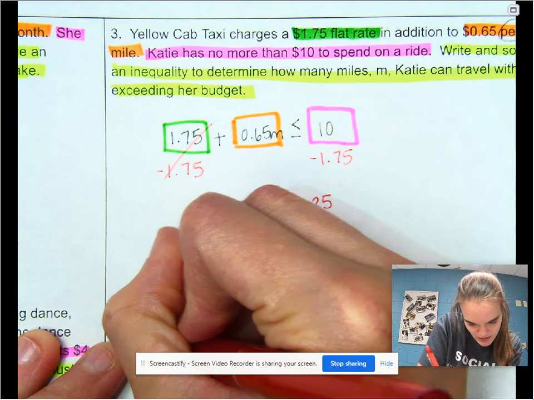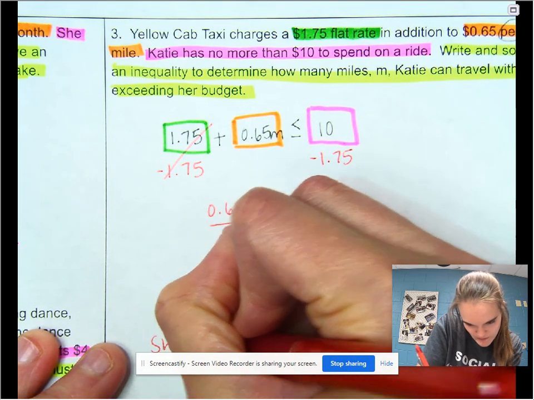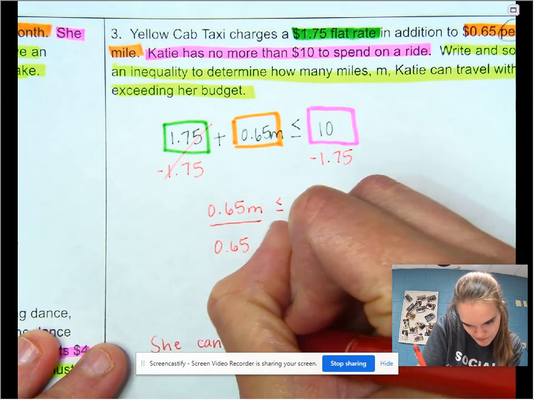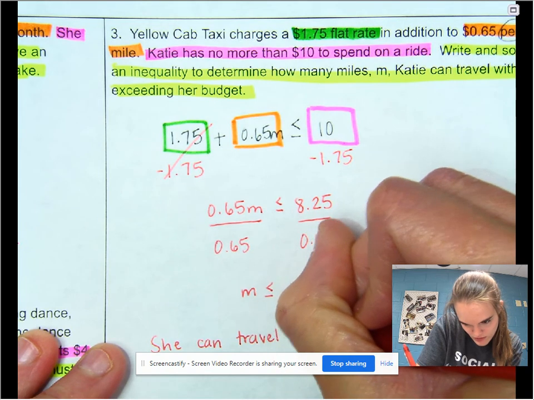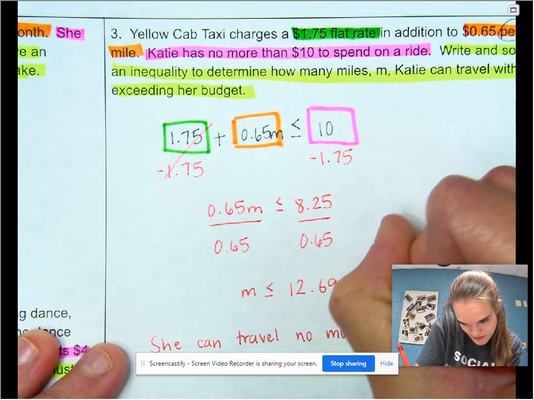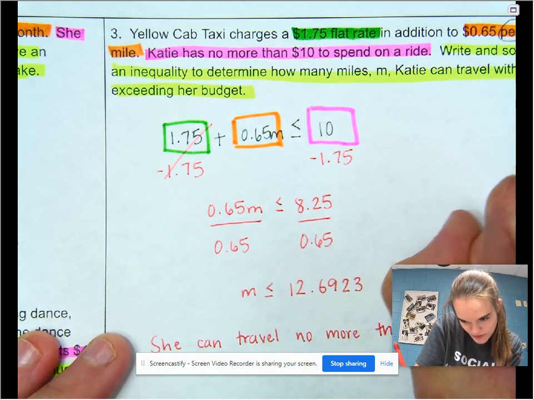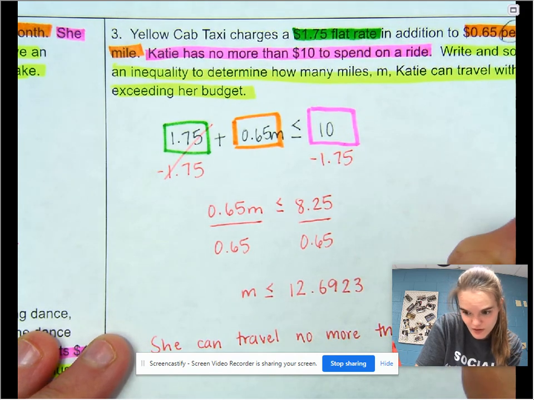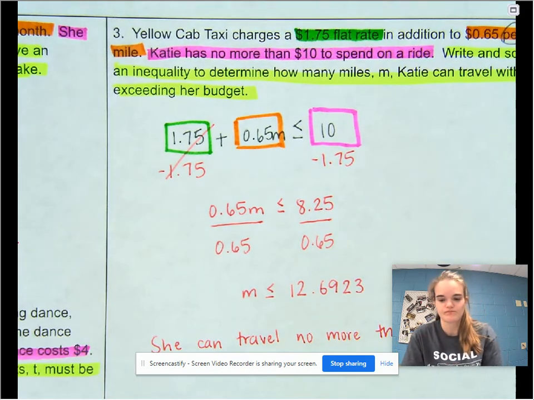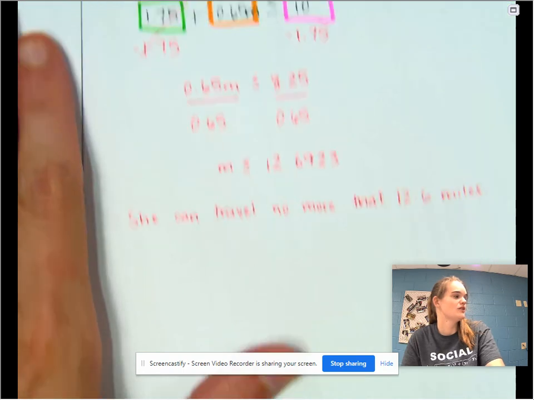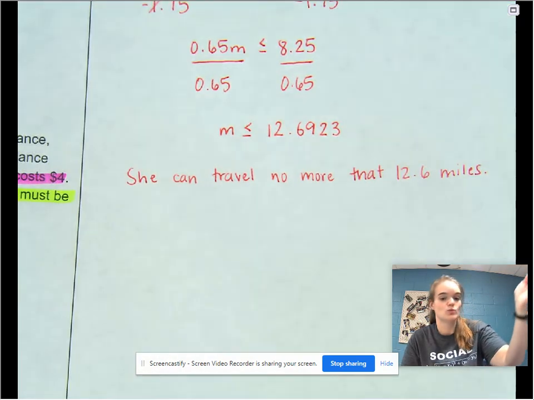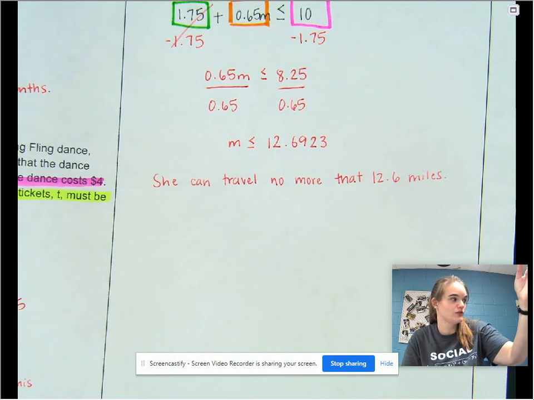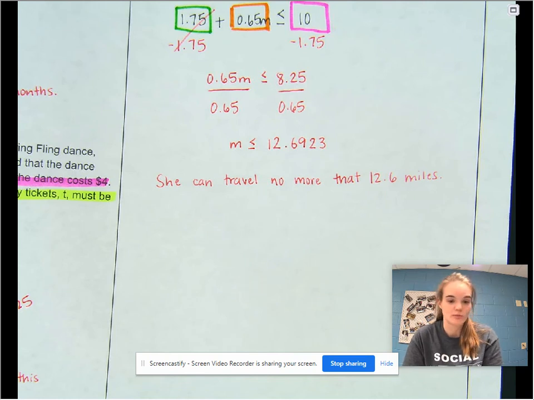So she can travel no more than 12.6 miles, and that's cutting it close. Okay? So depending on the context, you have to round. It's a little different than what it normally is, where you just round up or down how you're supposed to, and leave it alone when you're not supposed to.